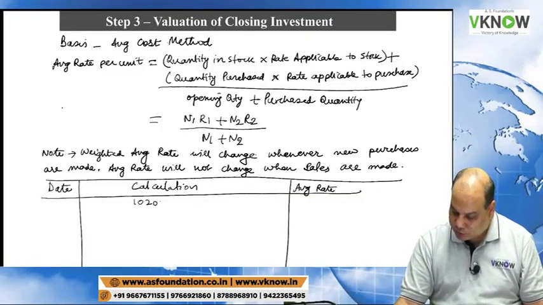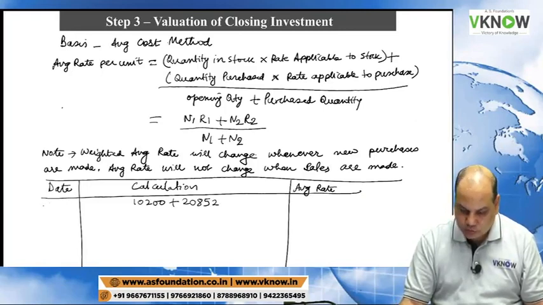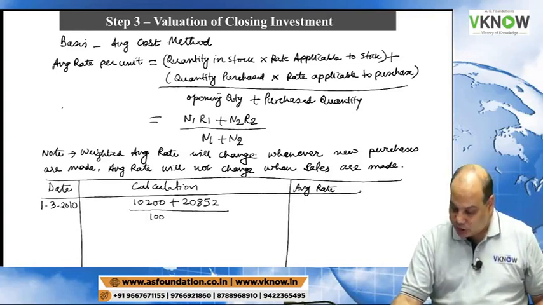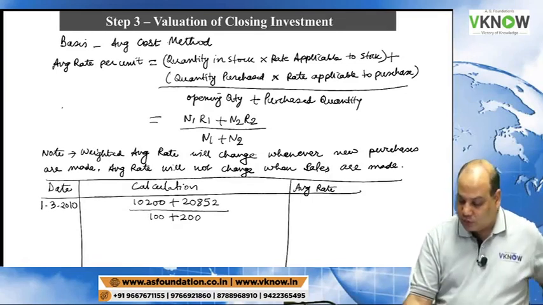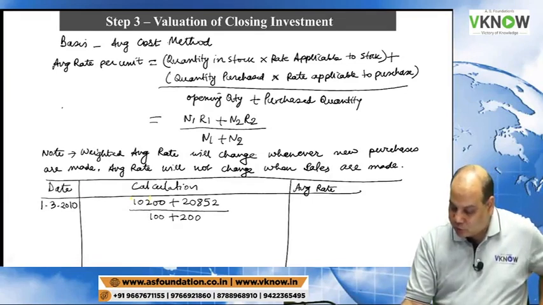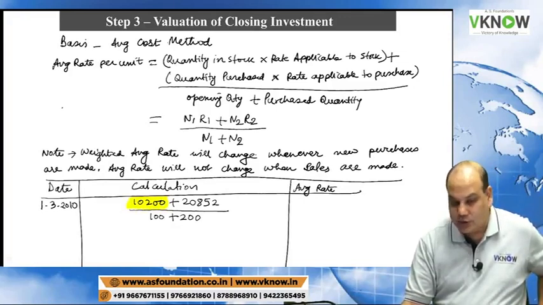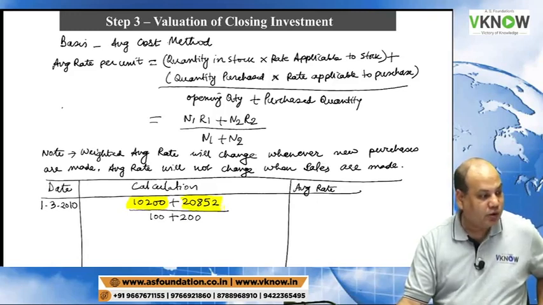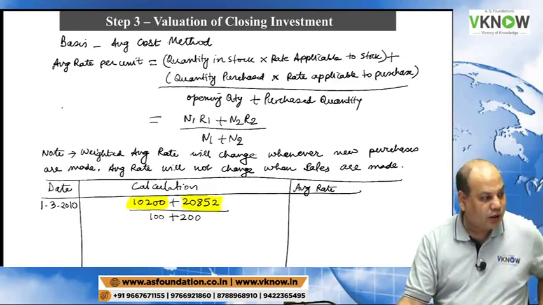So 10,200 plus 20,852, on 1st March 2010, divided by 100 quantity plus 200 quantity. In this formula, this 10,200 we have already multiplied opening stock into opening rate, and this also we have already multiplied 200 into price and brokerage. So we don't have to do the calculation again.